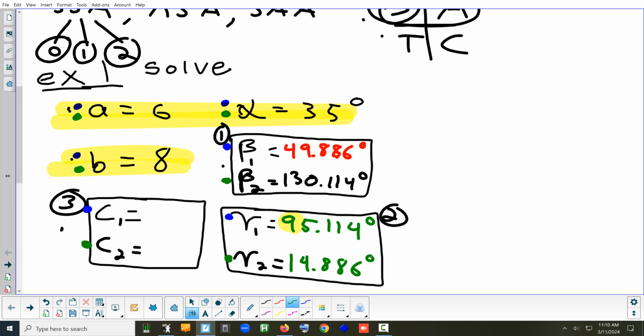Now, we just have to finish up by finding the last side in the blue problem and the green problem. So let's do C1 first. C1 is part of the blue problem. So what we need to start with is a row that's in the blue problem that has everything in it. What row could we use that's in the blue problem?